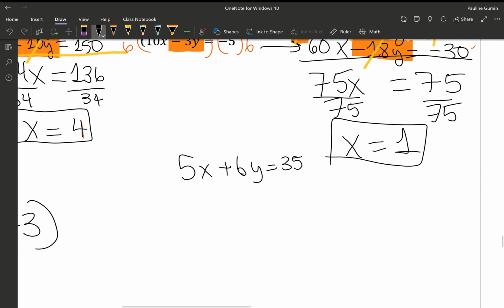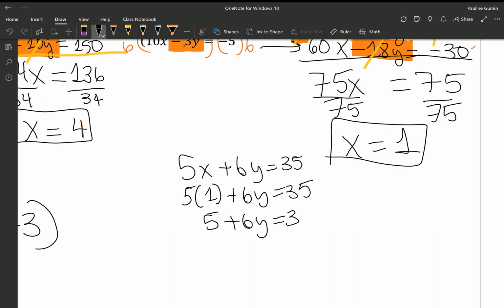All right, instead of 5x plus 6y, I'm going to have 5 times 1 plus 6y. 5 times 1, of course, is 5. I'm going to subtract 5 from both sides to begin with. So 6y equals 30.